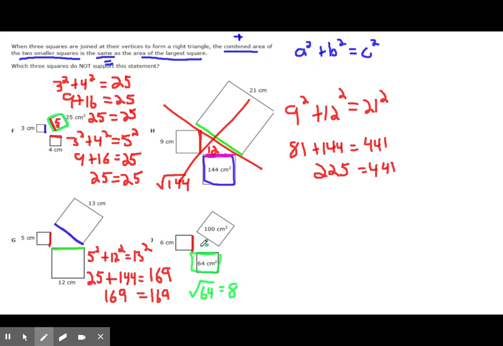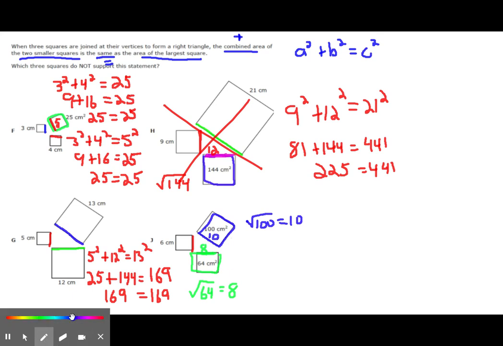So this side is 8. My larger square is again giving me all the area inside, which is 100 centimeters squared. So to find one side length, I take the square root of 100, which is 10. And so this side right here is 10.